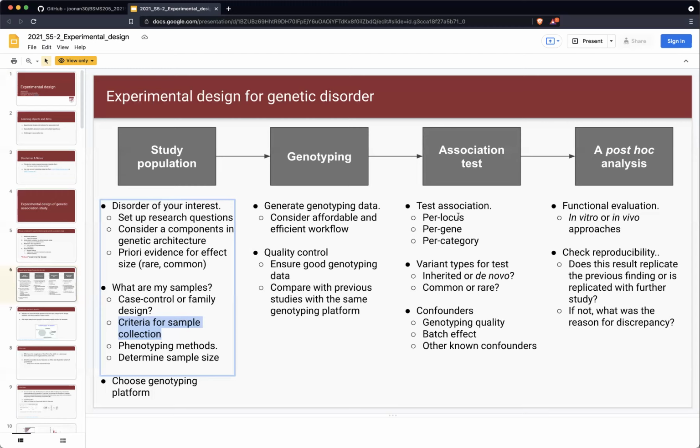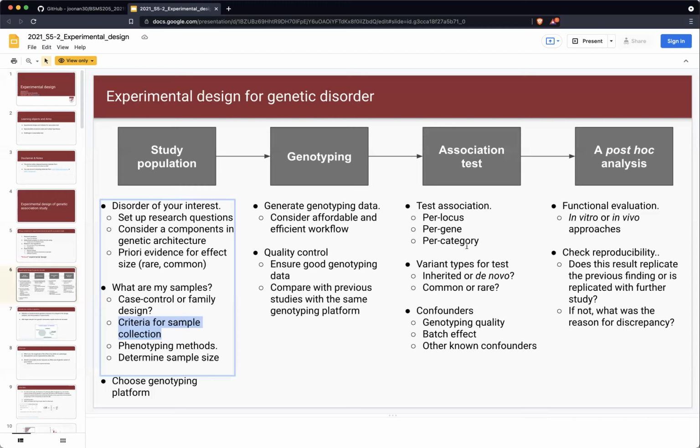Or you can compare the category, right? One example is variant consequence. You can compare the stop codon mutation category versus the missense category, right? So how many nonsense mutations arise in cases or controls. So you can compare the category of certain variant types between the cases and controls.